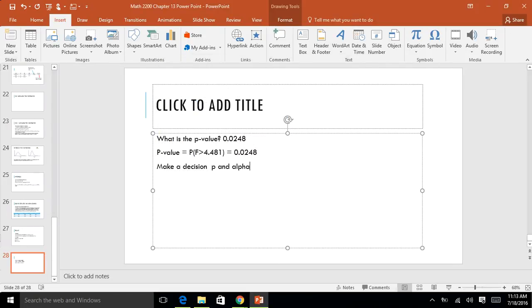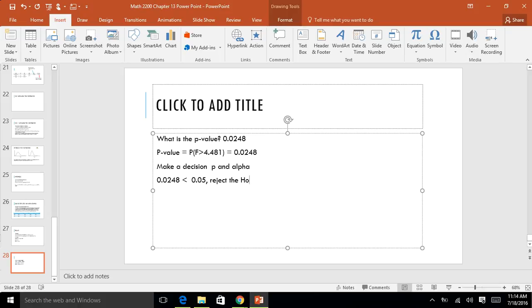Alpha, remember, that's the little fish sign. So what was my P? My P was 0.0248, and my alpha was 0.05. Since this is less than this, I will reject the null.